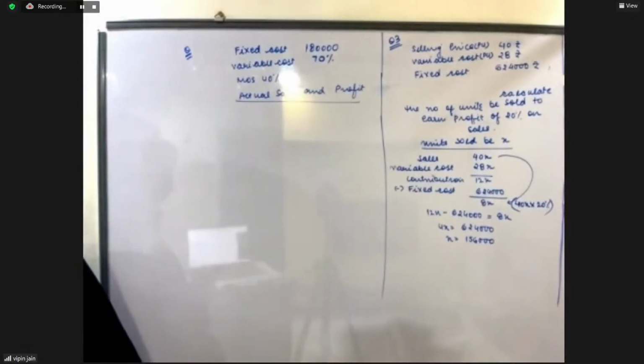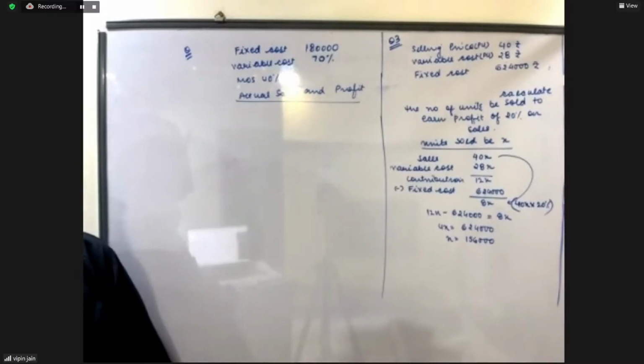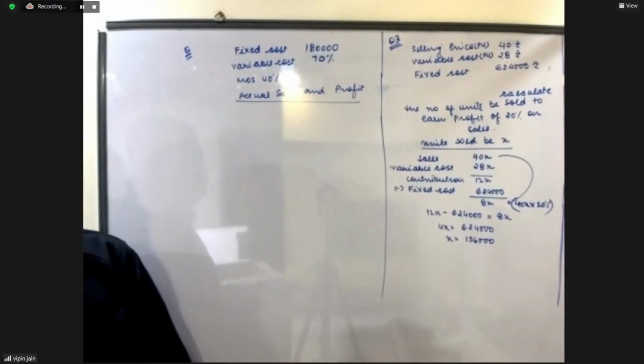I repeat again, the fixed cost is 1,80,000, variable cost is 70%, margin of safety is 40%. So you have to calculate actual sales and profit.